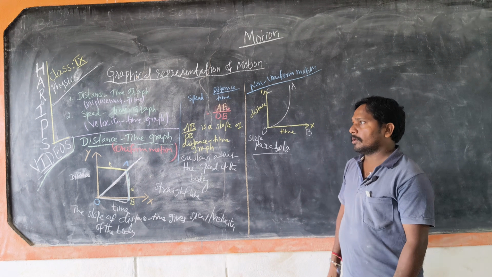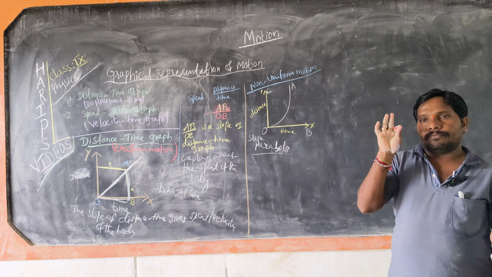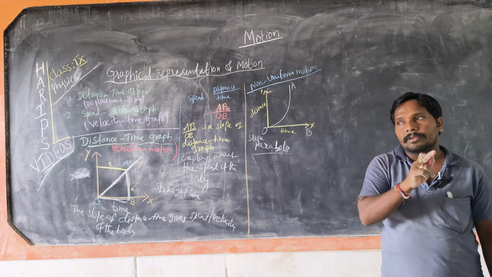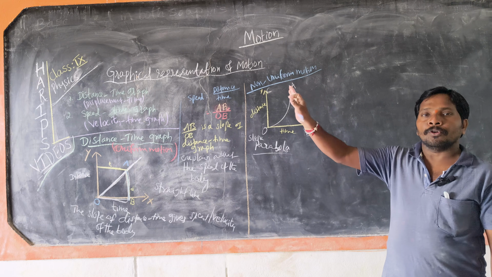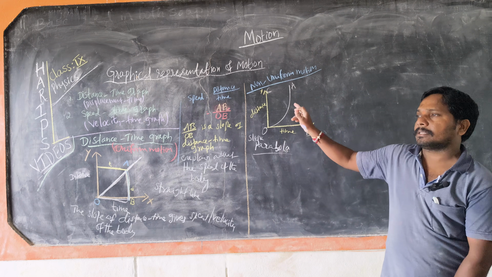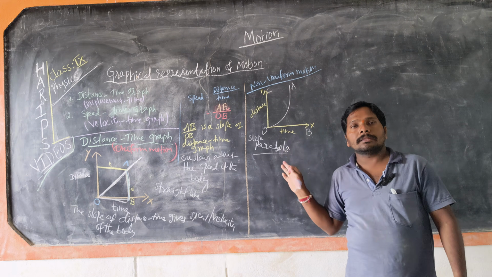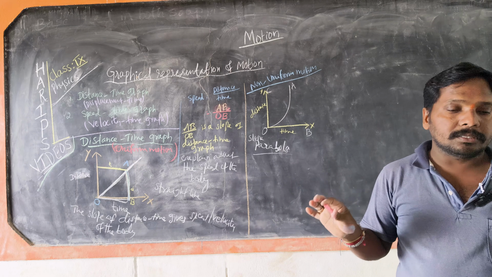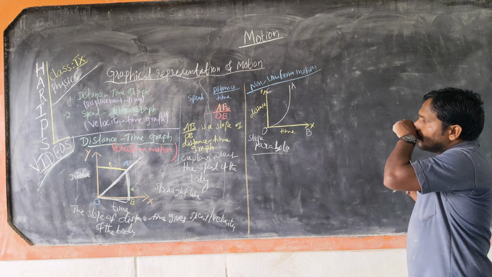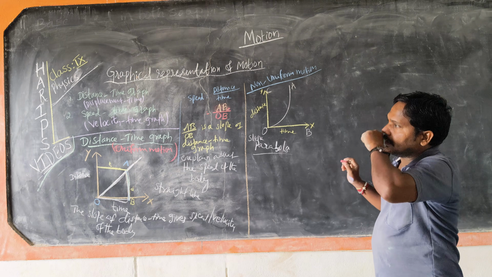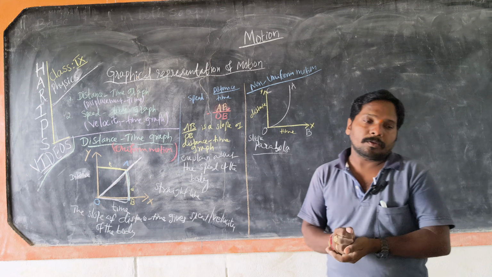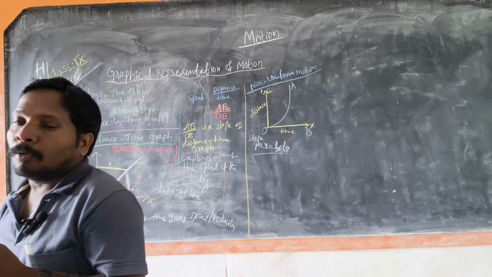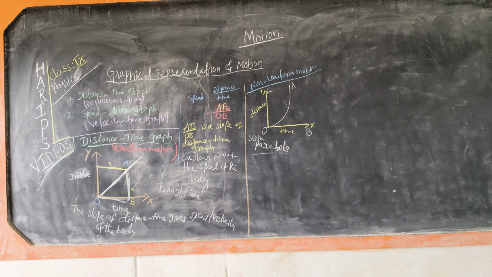In a distance time graph, a straight line means uniform motion, but if the graph is a parabola or curved line, the body is in non-uniform motion. In this way, we can describe the motion of the body by using the distance time graph.